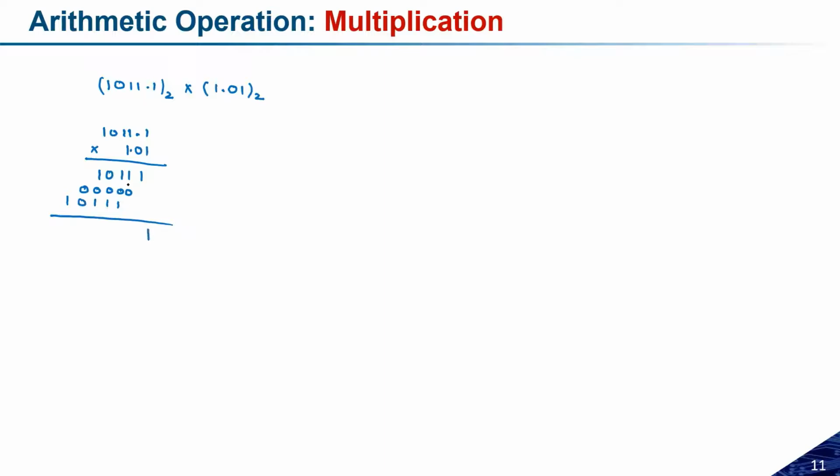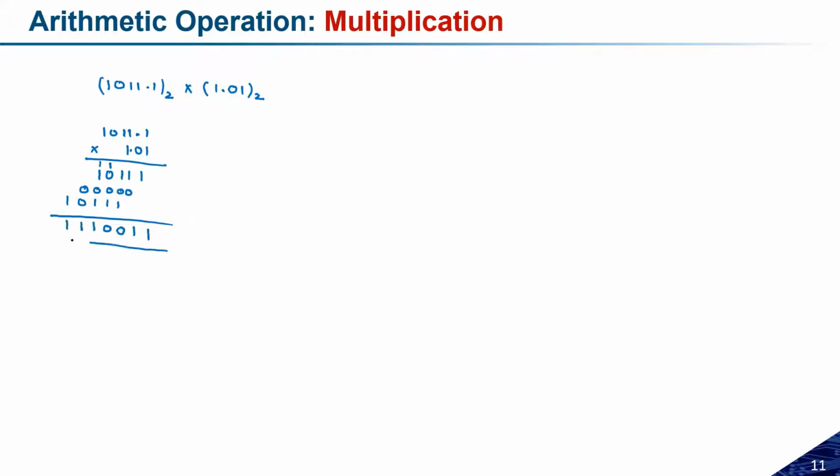It will become 1 1 1 0 1 plus 0 plus 1, that will become 0, and the carry will be forwarded here. Okay, so 1, then 1 plus 0 plus 0 plus 1, that will become 0, and then again 1 carry will be forwarded. Okay, then 1 plus 1 plus 1, so that will become 1, and 1 carry will be forwarded, it will be 1 and 1.